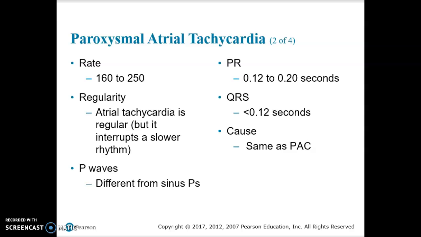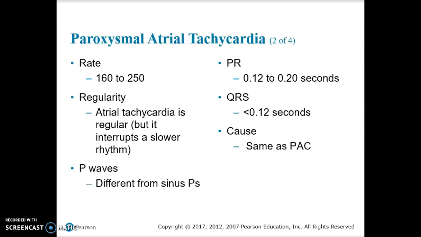The P waves are different from sinus Ps. The atrial tachycardia P will be shaped the same as each other, but it will be different from the sinus P wave, okay? When that rhythm is originating in the sinus node, you'll see the sinus P. But when the PACs come in, they take over and you see paroxysmal atrial tachycardia, you'll see those P waves change, and they'll be their own P waves because they're coming from a different area.